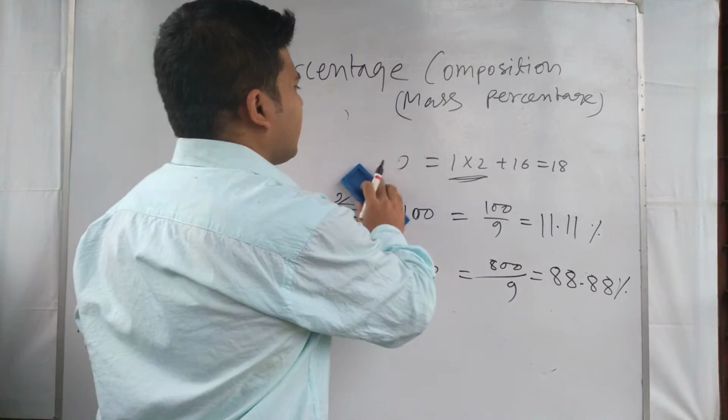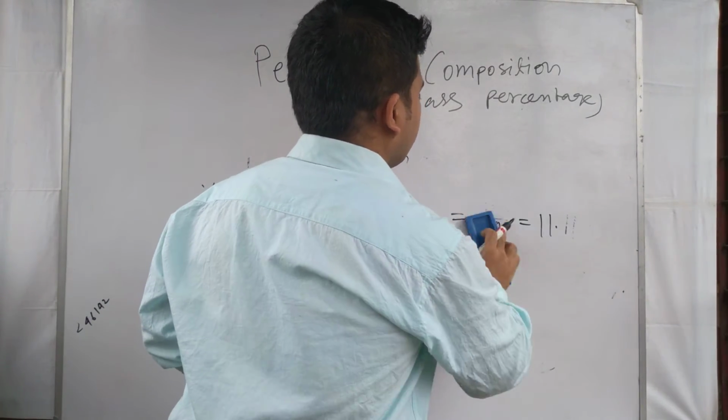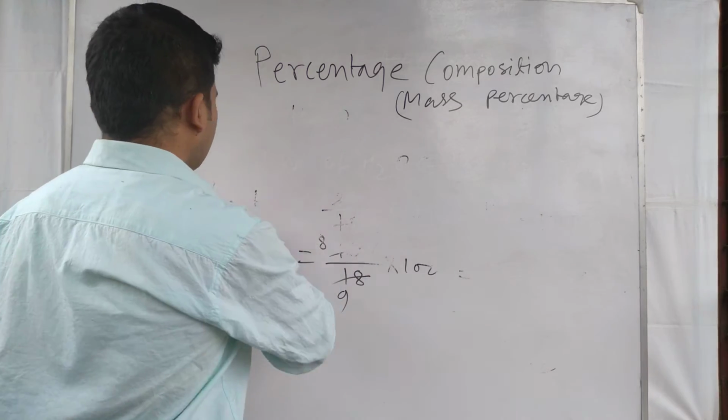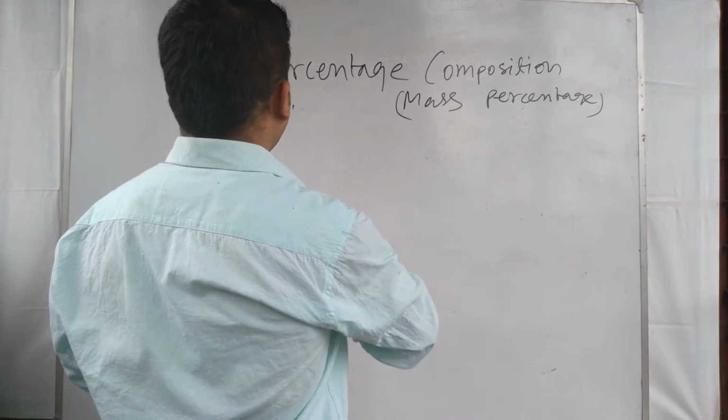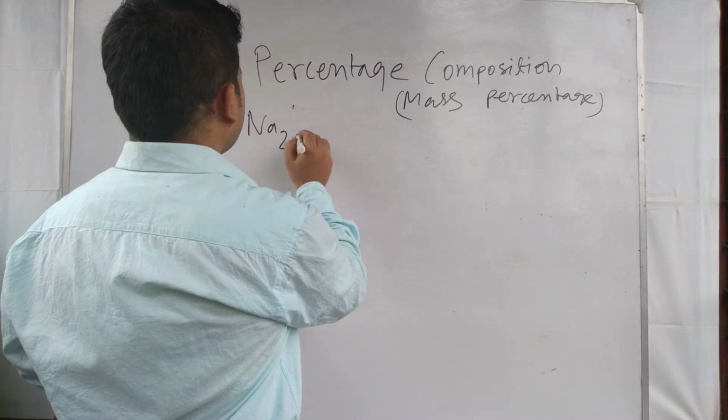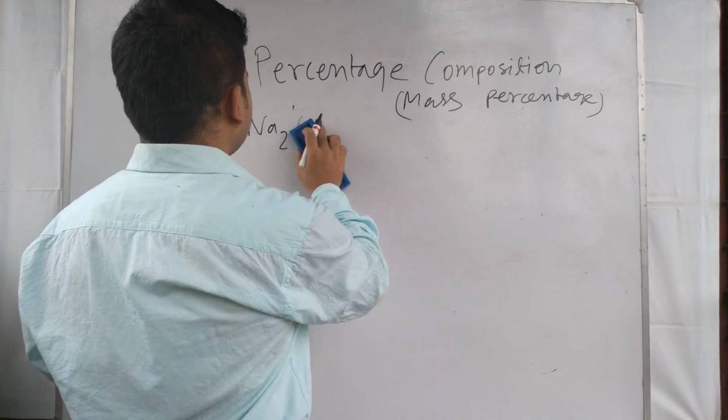For example, we take another example to see how to calculate the percentage of each component in a compound. Suppose we take sodium sulfate.